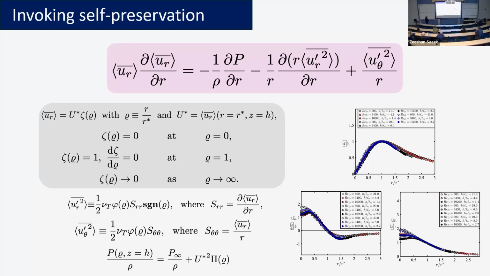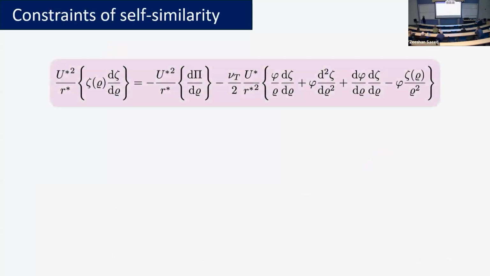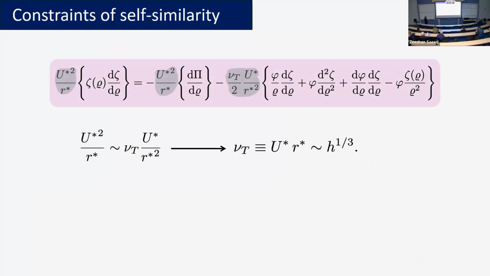And then I've modeled my pressure using some function, which is not determined, but again, it's not significant. Then what I have is that this self-similar equation, for self-similarity to hold, this must be on the same order of magnitude. Otherwise, the balance between different terms is going to be disrupted.